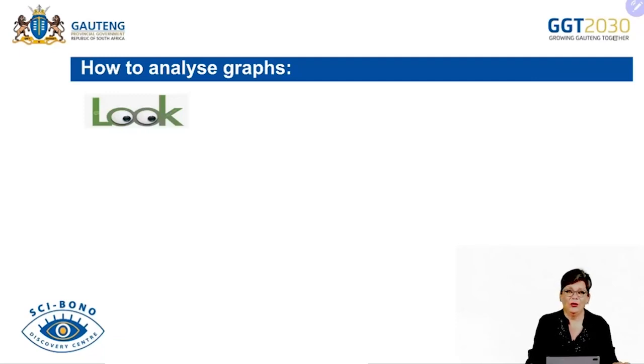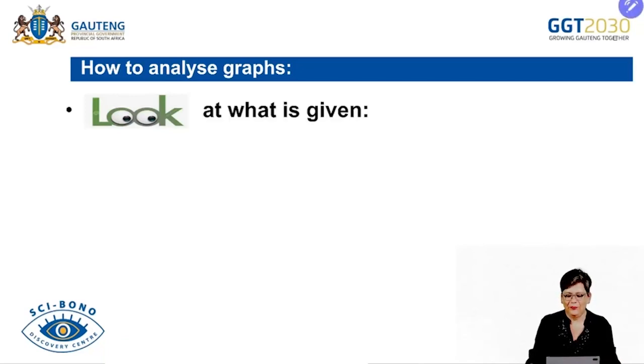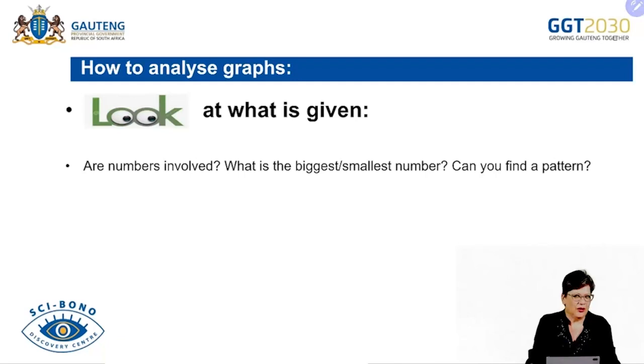And I know this is quite scary. I remember when I got graphs always, I used to hate it. But there's some nice tips I can give you. You have to study the graph. Look at what is given to you. Are there numbers involved? And try to find the biggest number and the smallest number.